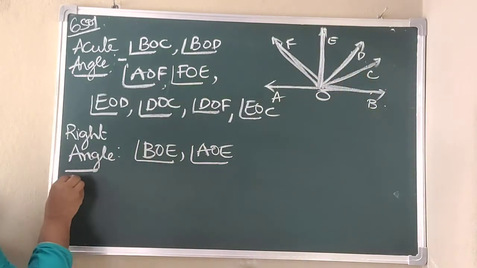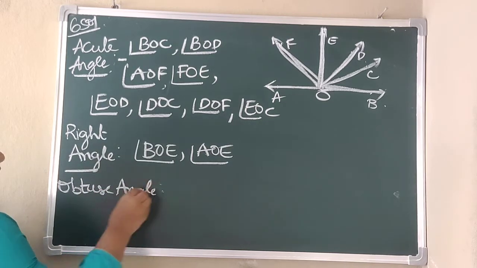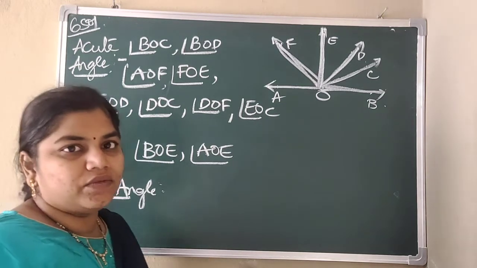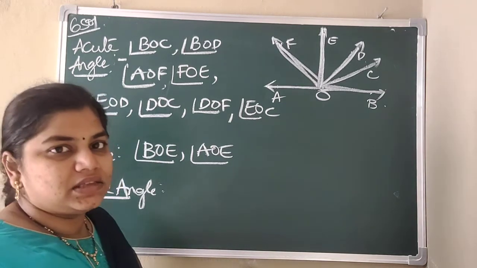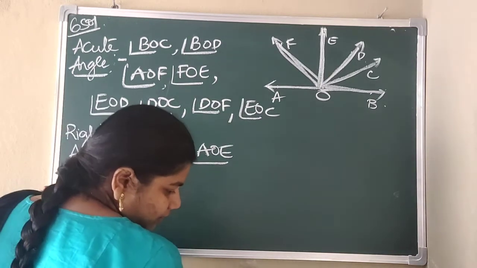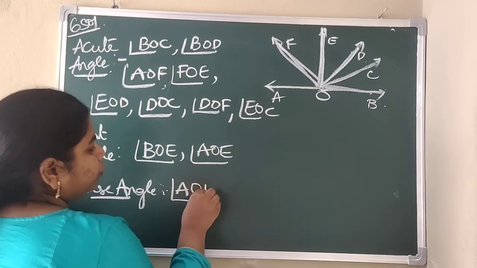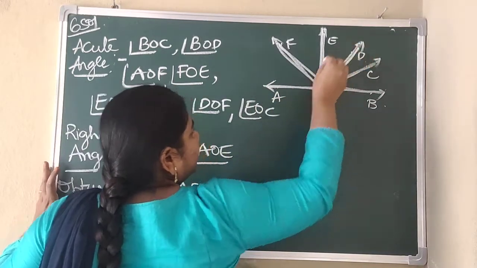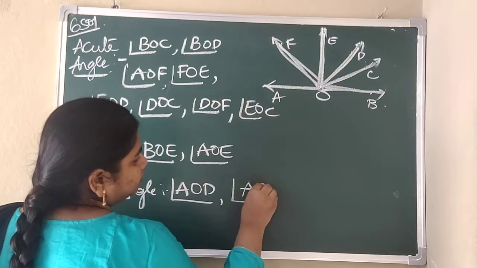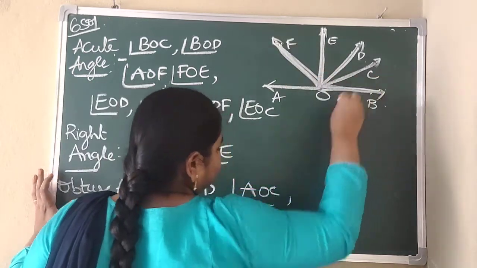Now we have to write about obtuse angles. What do we mean by an obtuse angle? It is greater than 90 and less than 180. Three obtuse angles have been formed: angle AOD is one, next AOC, and the last one is FOB.